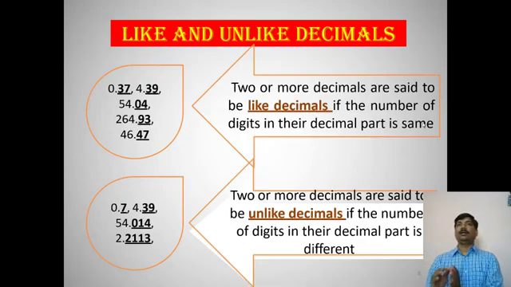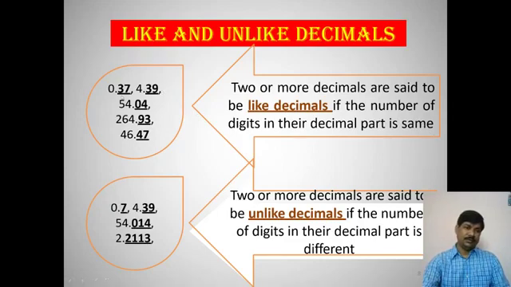If one number is written up to 2 places after the decimal and another number is written up to 3 places after the decimal, these have a different number of digits after the decimal point.